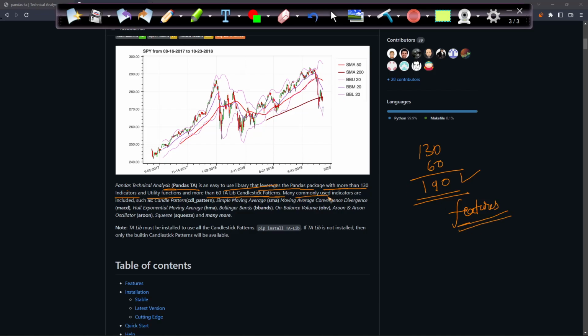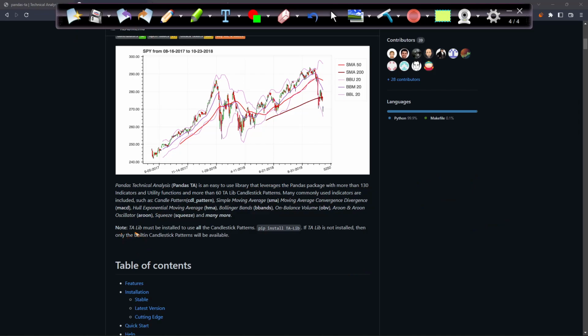So many commonly used indicators are included such as candle patterns, like doji and all. Simple moving average, moving average convergence divergence, Hull exponential moving average, Bollinger bands, on balance volume, Aroon and Aroon oscillator, squeeze, and many more.